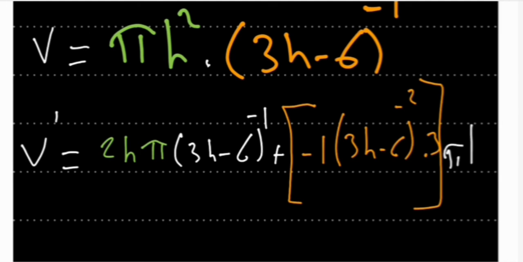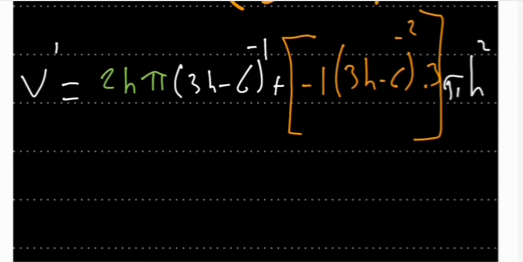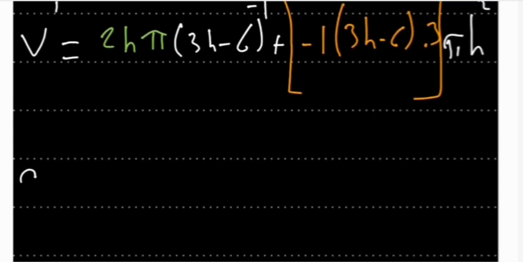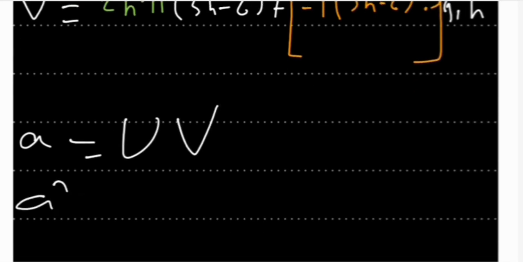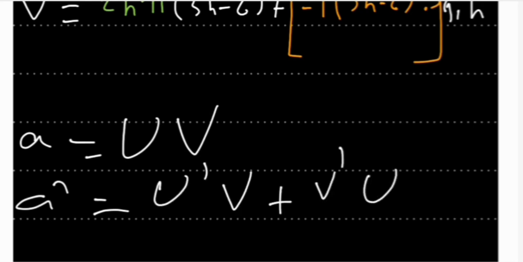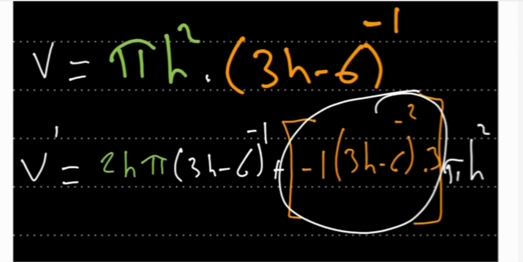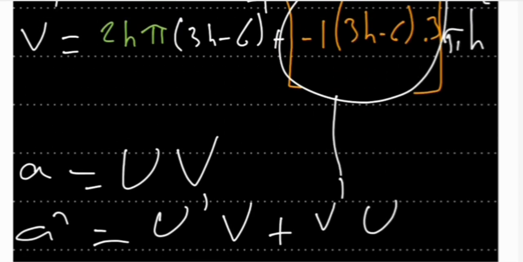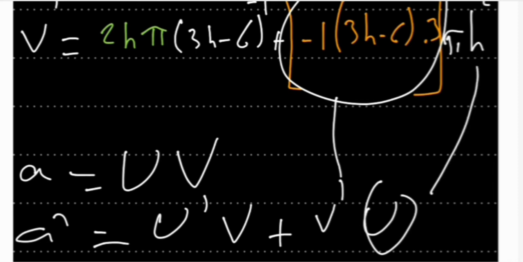From where does this ph squared come? Well, from the formula when we have a multiplication u v and we want the derivative of a comma, it will be u comma multiplied by v plus v comma multiplied by u, right?